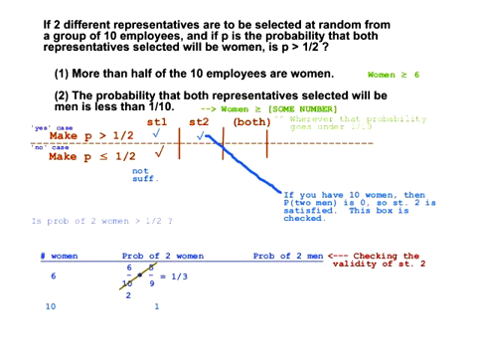So if we do that for 6 women, then that means there's 4 men. So that would be 4 over 10 times 3 over 9. And that is 12 over 90. We don't have to reduce the fraction. That's more than 1/10. So yeah, that doesn't work. You're right.